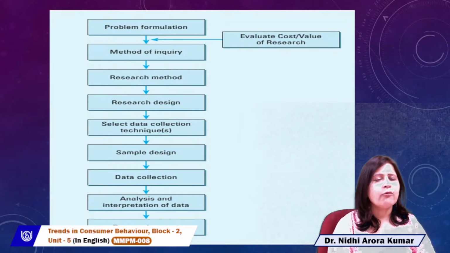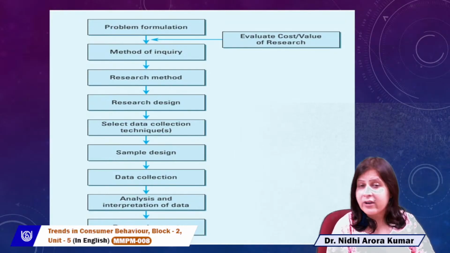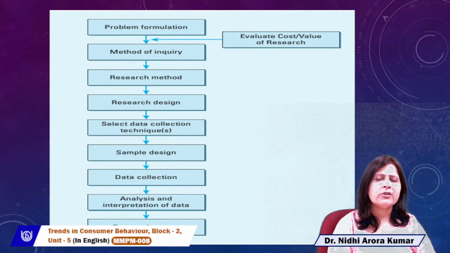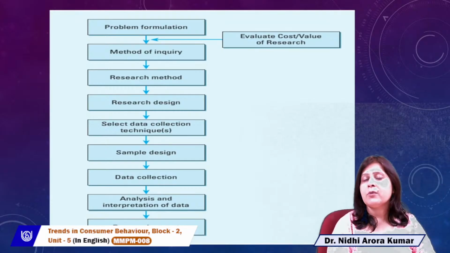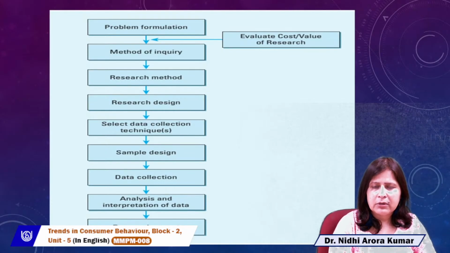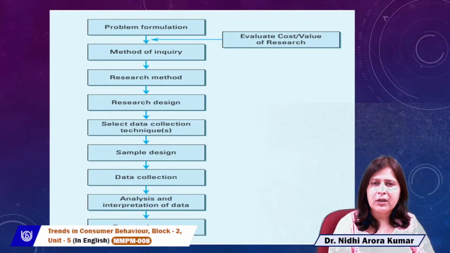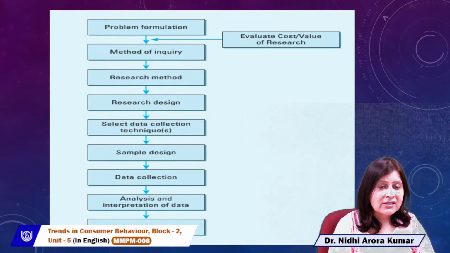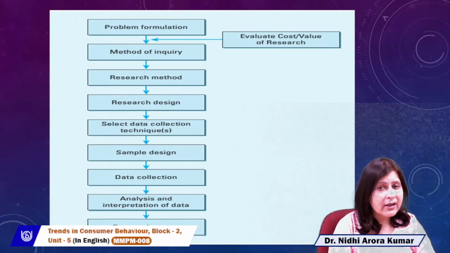And how will you tabulate the data, what variables are required for which you would like to collect the data? Then one has to decide the type of variable, then the sample size, and then select the data collection techniques. How will you collect the data?